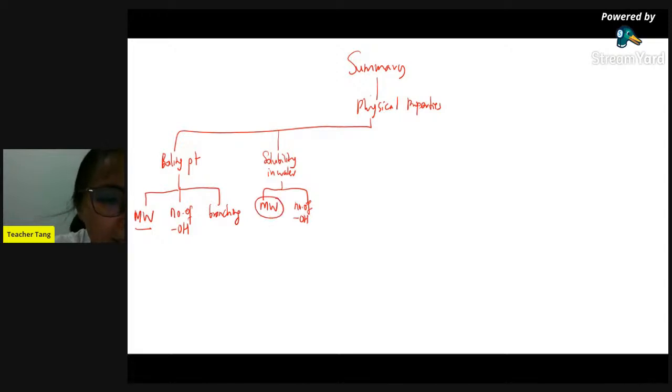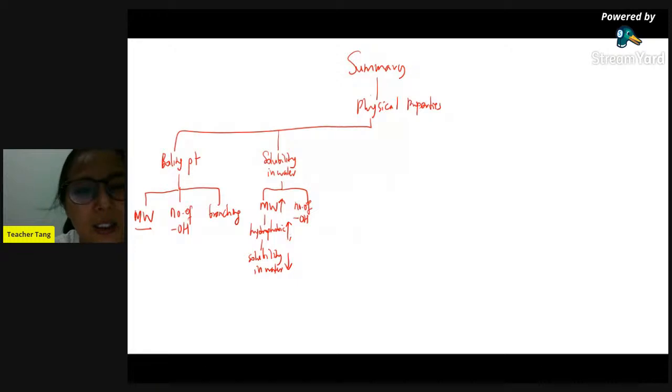When molecular weight increases, the hydrophobic area increases, so solubility in water decreases. When the number of hydroxyl groups increases, there is more hydrogen bonding with water, so higher solubility in water.